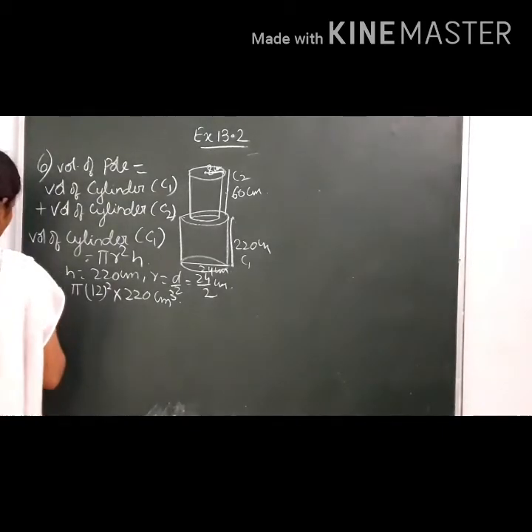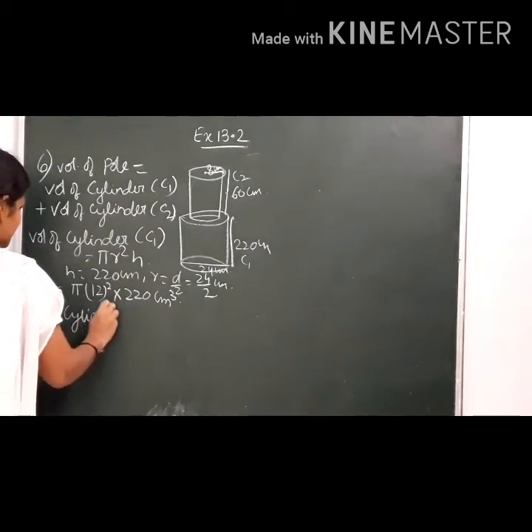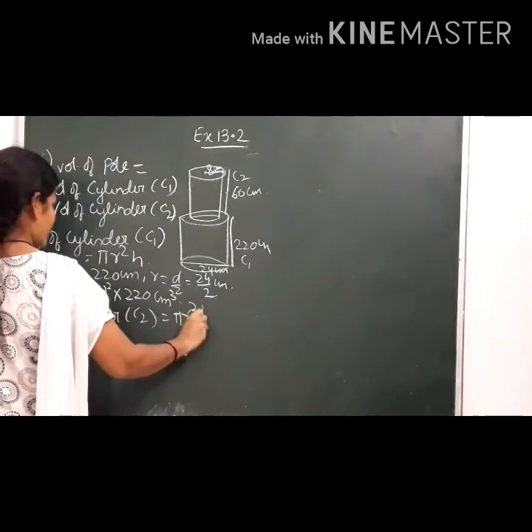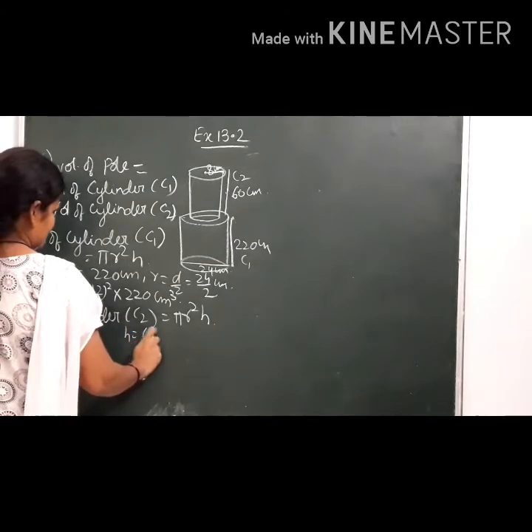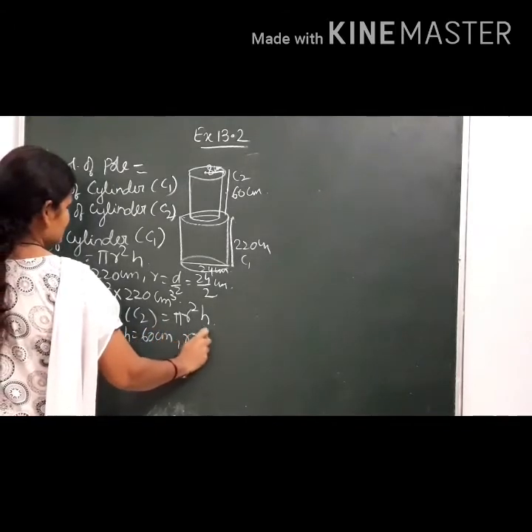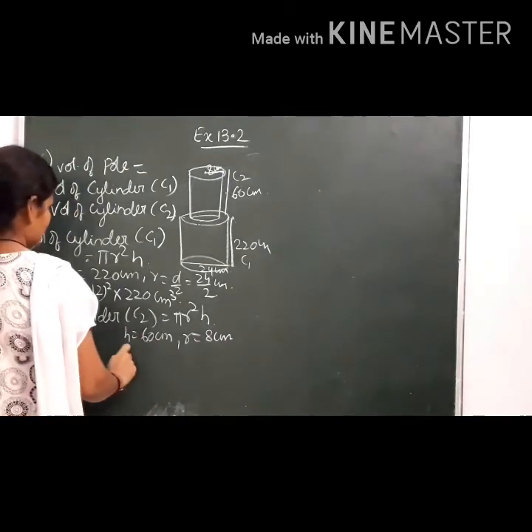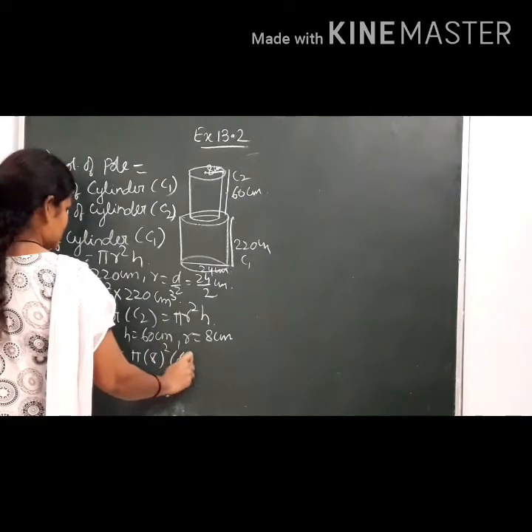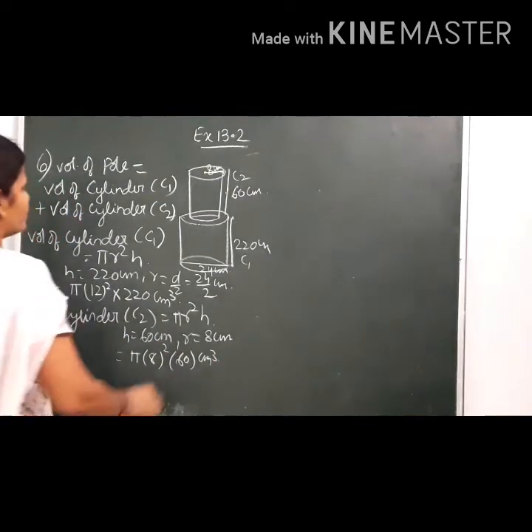Next is the volume of cylinder C2, that is pi r square h. What is the h given here? 60 centimeter, and radius is equal to 8 centimeter. So what is the volume here? Pi into 8 whole square into 60 centimeter cube. So what is the volume of the pole here?